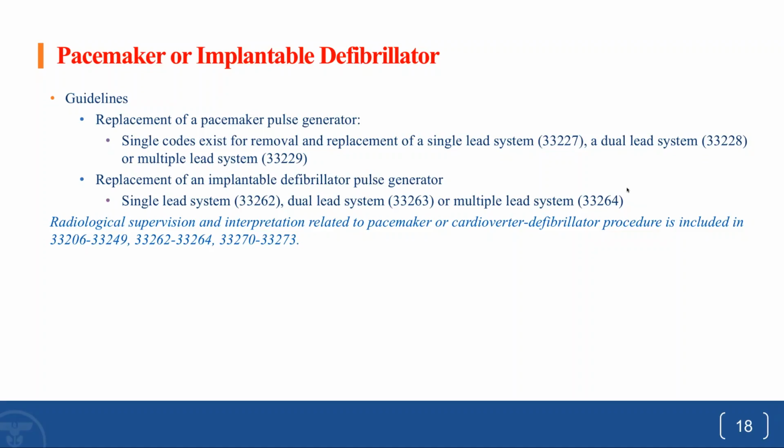But please note that if you do need a radiology code, once you have found your cardiology code, if there is radiological guidance provided right underneath it in your parentheses, it is going to say for radiology, see, it will tell you where you need to go.